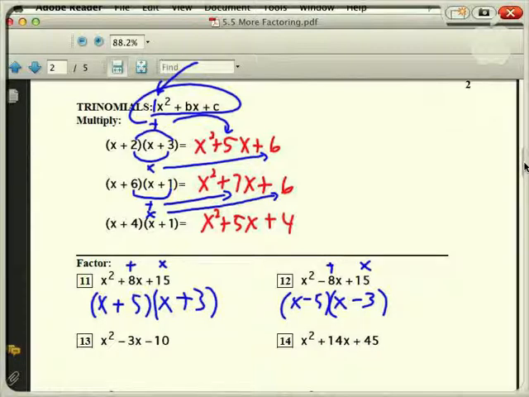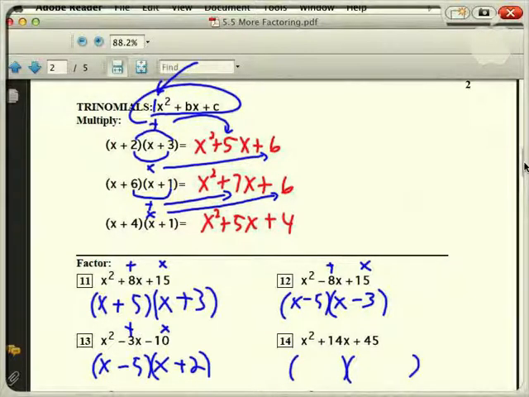In number 13, we're looking for two numbers that add up to negative 3 and multiply to negative 10. That'd be minus 5 plus 2. In number 14, we're looking for two numbers that add up to 14 and multiply to 45.